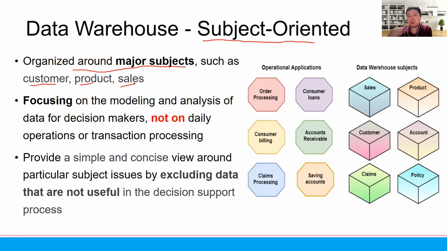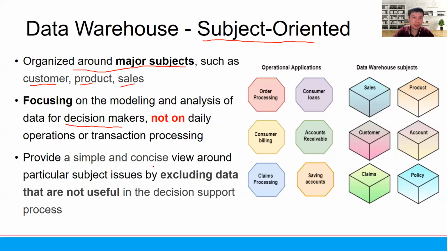But if your organization is a university, the major subject might be different. And the focus is also a little bit different. The focus of the data warehouse is for the decision maker. The key point is the decision maker. It's not for the transaction or operation. It's different.